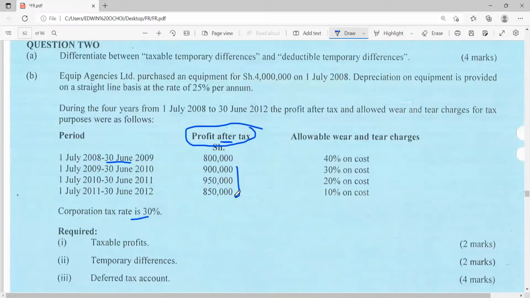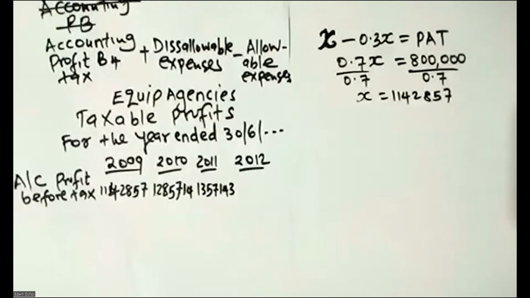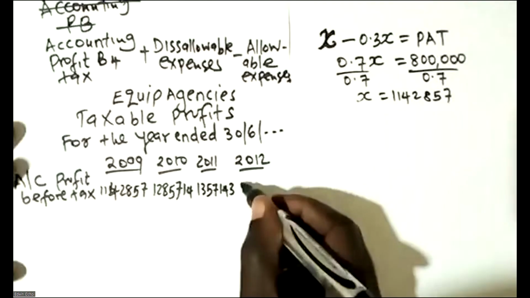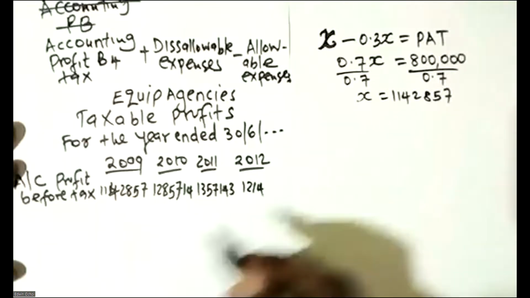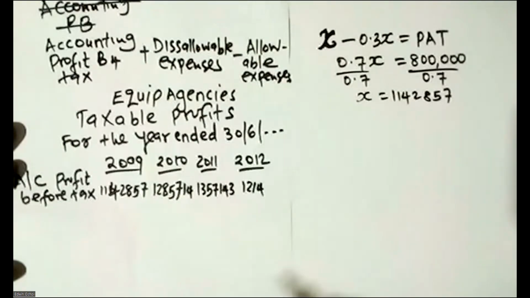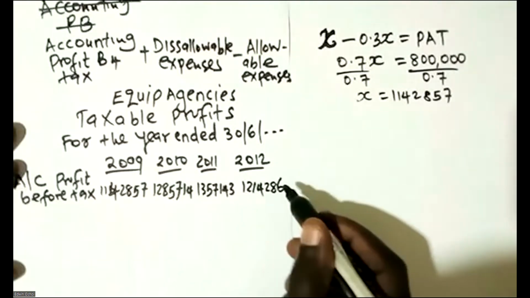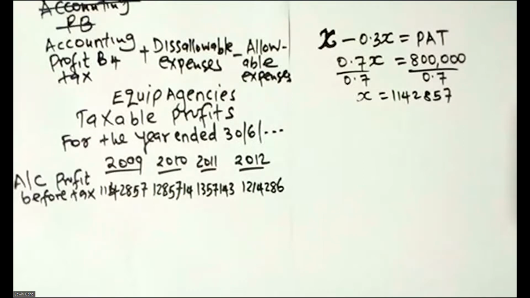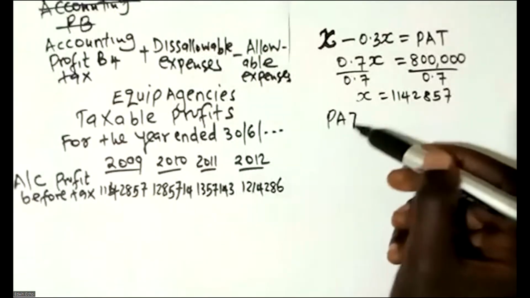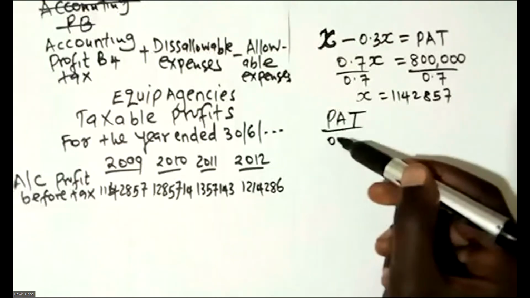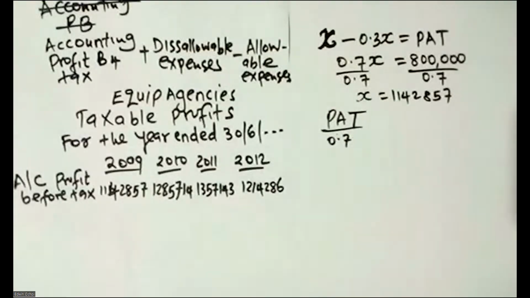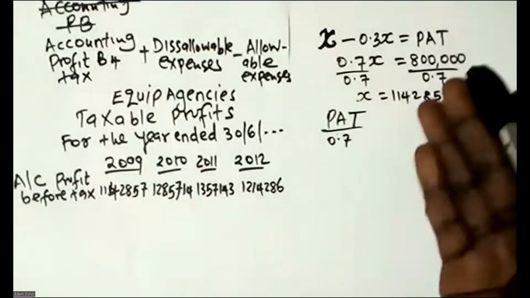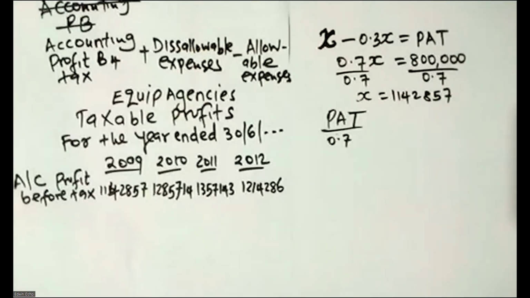Then the last one is 850, and you get 1,214,286. So I'm taking the figures after tax and dividing by 0.7 to get before tax. And that is well illustrated.